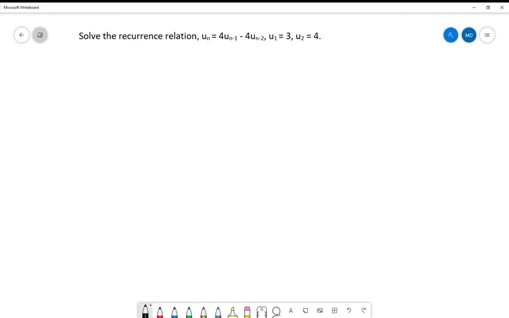First of all, we're going to do what we usually do, and rearrange it so it's equal to 0. We get un minus 4 un minus 1 plus 4 un minus 2 equals 0. Now we can rewrite it into our auxiliary equation.